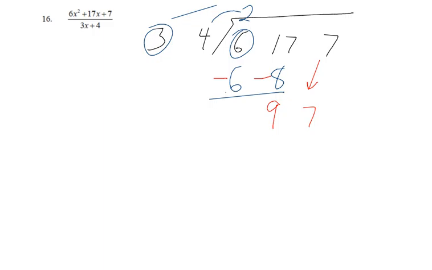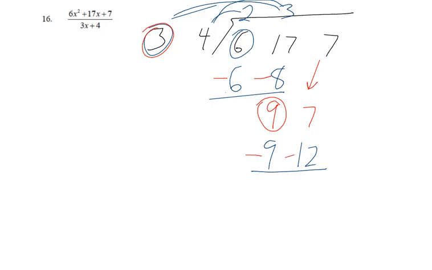Next, I'm going to see how many times does 3 go into 9. Well, 3 goes into 9, 3 times. Then 3 times 3 is 9. 3 times 4 is 12. We'll subtract. And 7 minus 12 is negative 5. Here's what this means. Up top, you notice 2 and 3.